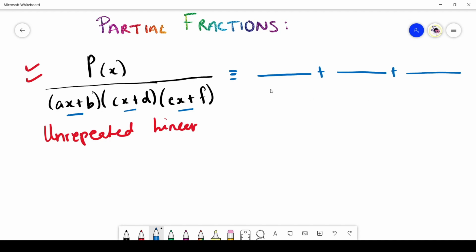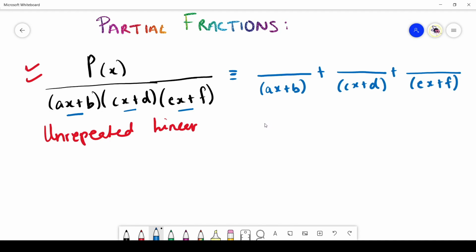Now, the denominator of each of these splits is very easy. They're just going to be each of the factors present in the given denominator. So you simply rewrite this as follows.